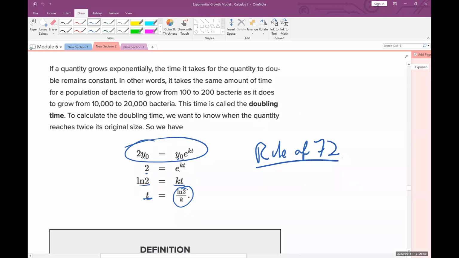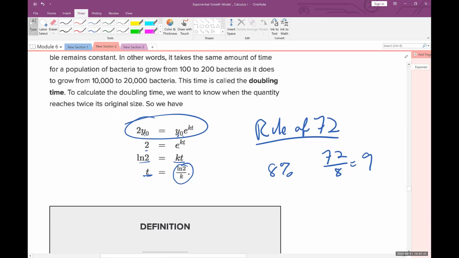And that's how long it takes to double. So for example, an easy one: if you have 8%, 72 divided by 8 equals 9. It means it'll double in 9 years. Now, the reality is it's not the rule of 72. 72 was chosen because it's a more conservative estimate and it has more factors.